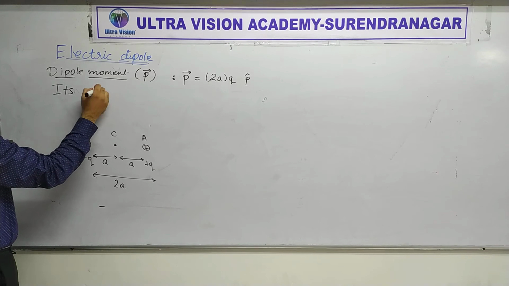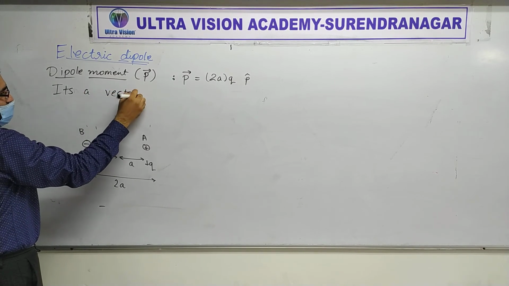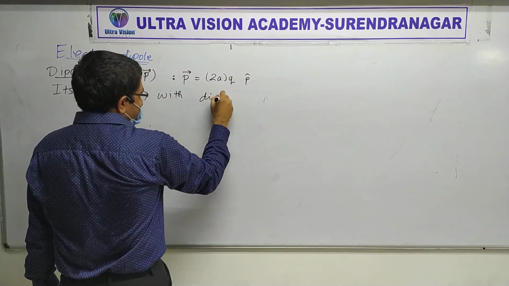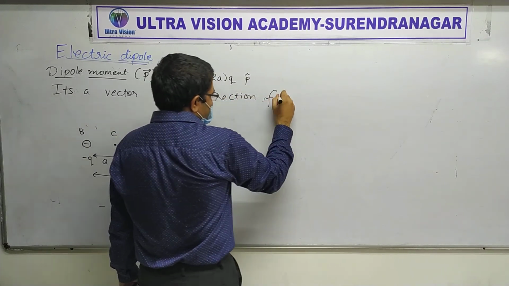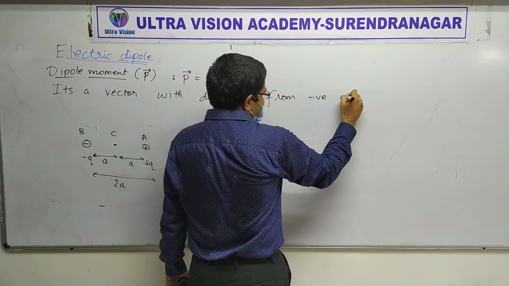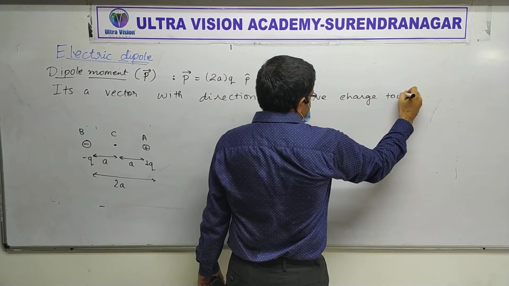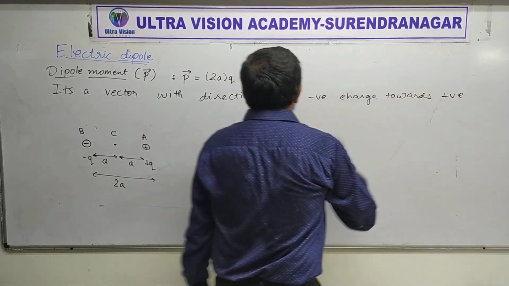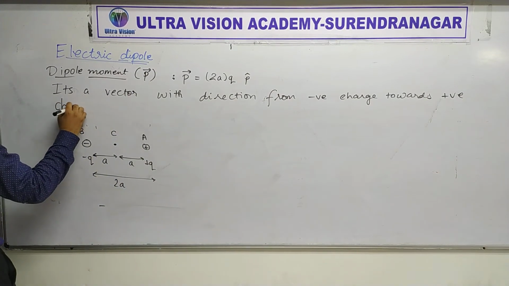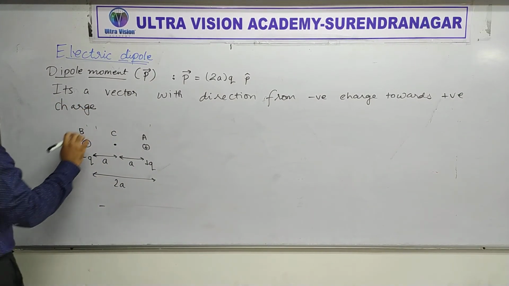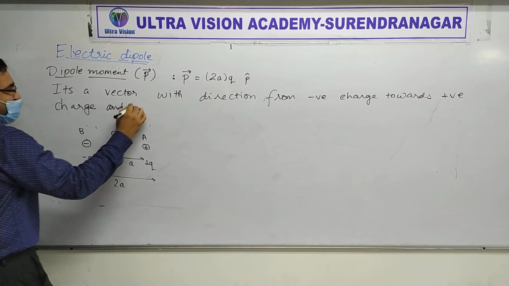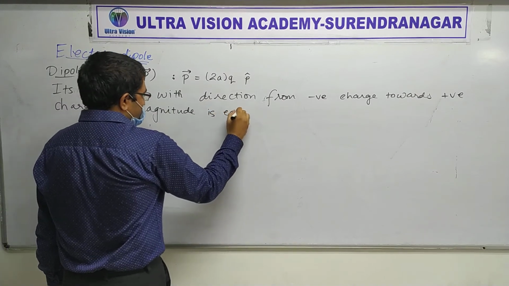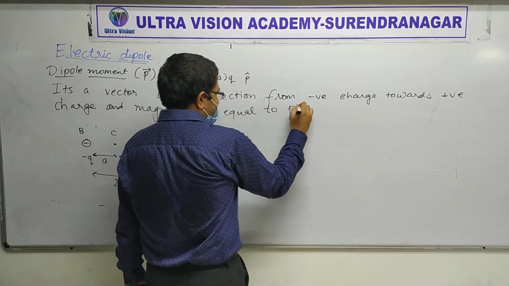Dipole moment is a vector with direction from negative charge towards positive charge. Okay, and magnitude is equal to product.